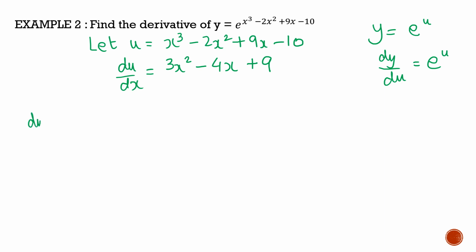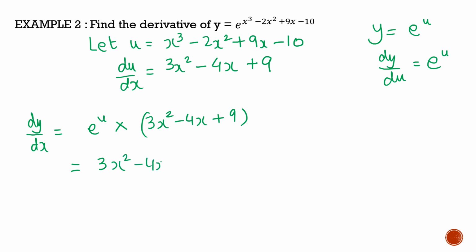Apply the chain rule once again, and that gives you dy over du, which is e to the power u, times du over dx, which is 3x squared take 4x plus 9. And the last step: we can't factorize anything, there's nothing common there, so I am going to bring back the original x cubed take 2x squared plus 9x take 10. And that's our final answer.